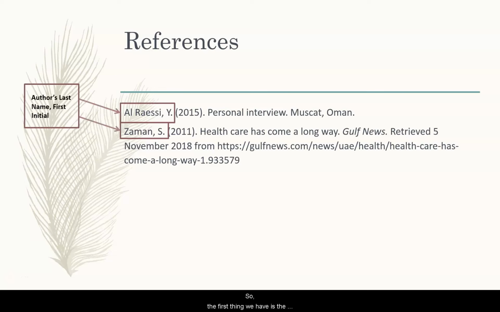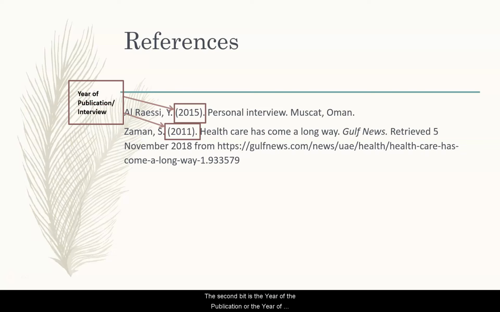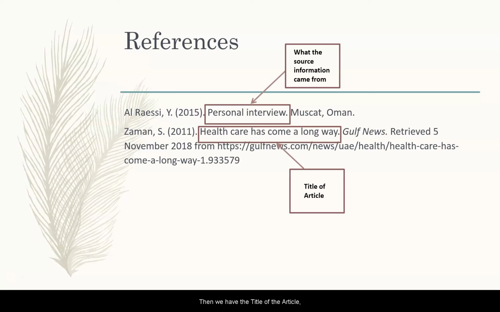So the first thing we have is the author's last name and the first initial. The second bit is the year of the publication or the year of the interview if you do a live interview. And this is the date that you'll use in the citation in the paragraphs. Then we have the title of the article in the second case, or we have where this information came from. In the first source, it came from a personal interview.